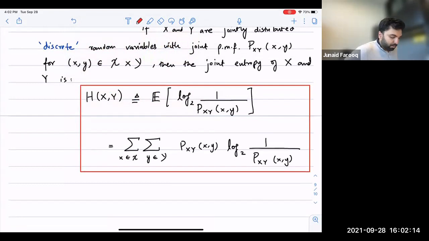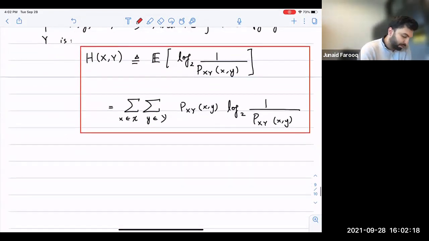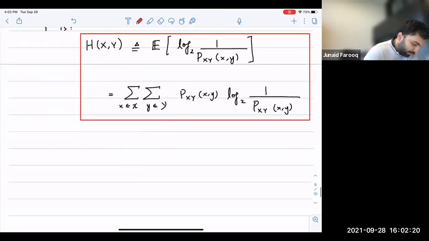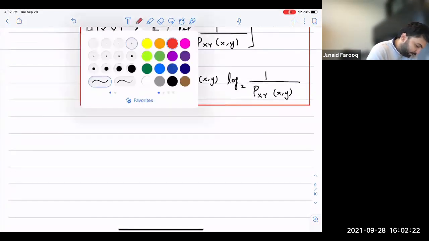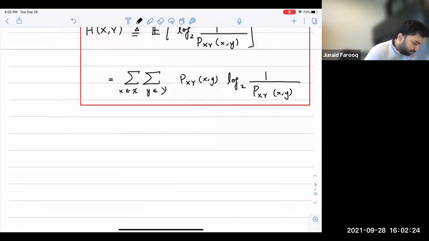And we can take an example to illustrate how this can be computed. So let's see, let's say there are two random variables.